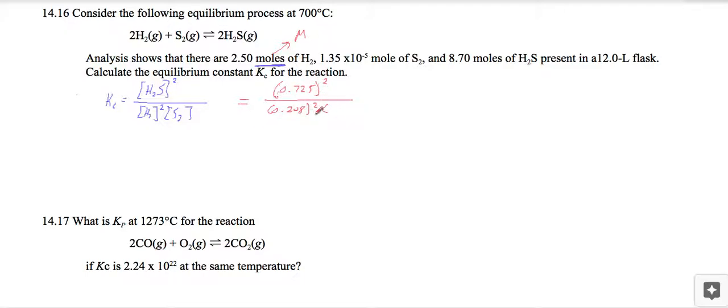And finally, that tiny, tiny number of that sulfur diatomic of 1.13 times 10 to the minus 6th. That gets us a value of 1.08 times 10 to the 7th.